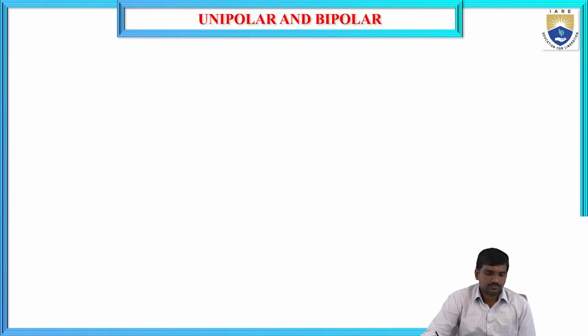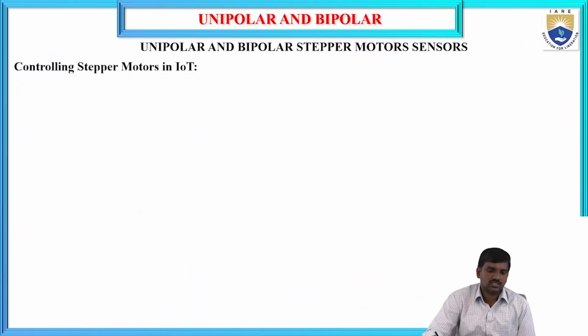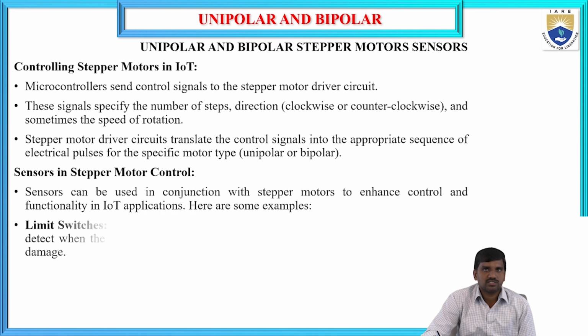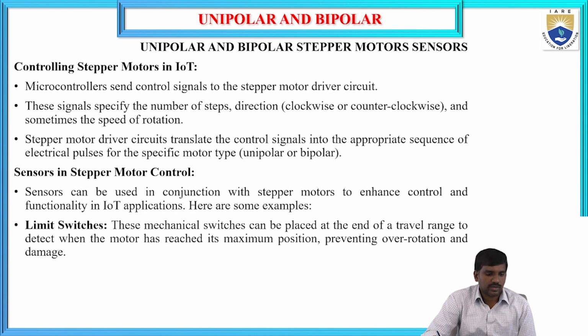Next, controlling stepper motors in IoT. The microcontroller sends control signals to the stepper motor driver circuit. That is the first specification. The signals specify the number of steps, the direction, either clockwise or anti-clockwise, and sometimes the speed of rotation.